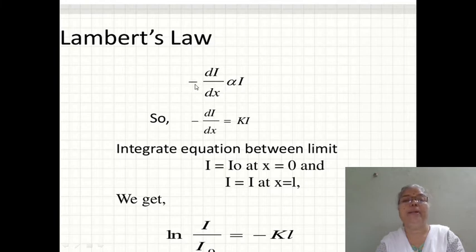So we have written a negative sign, and I have written this proportionality constant as K, as it is written in your book. So we can write minus di by dx equal to K into I.